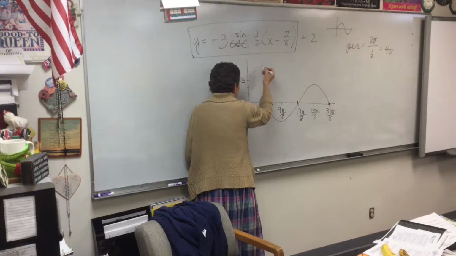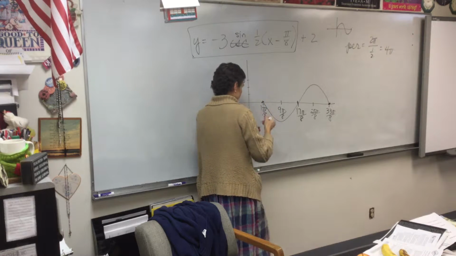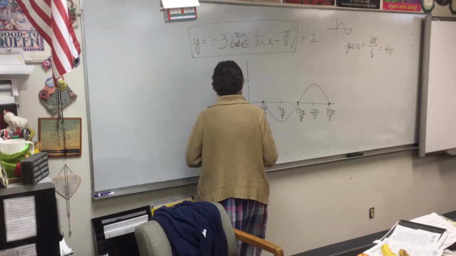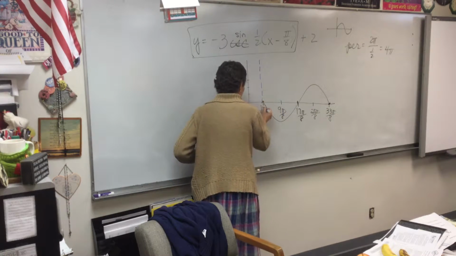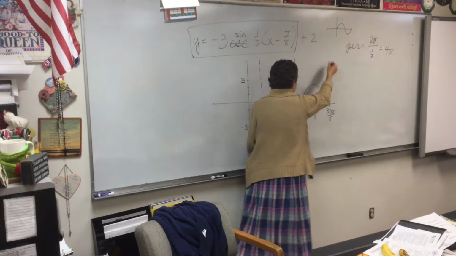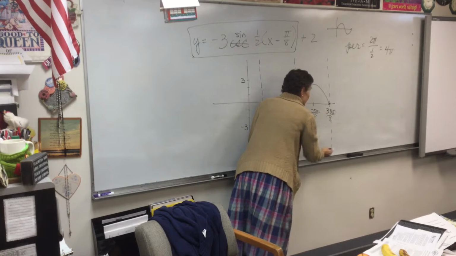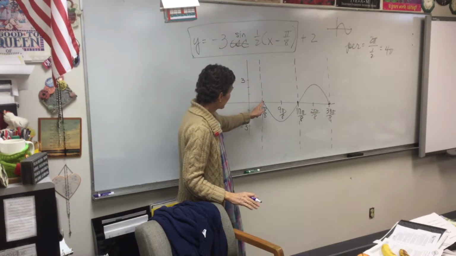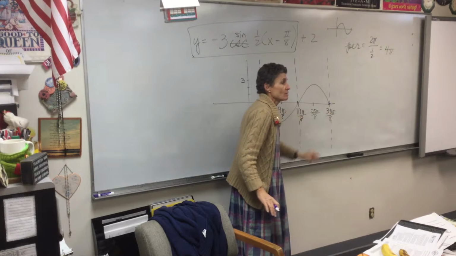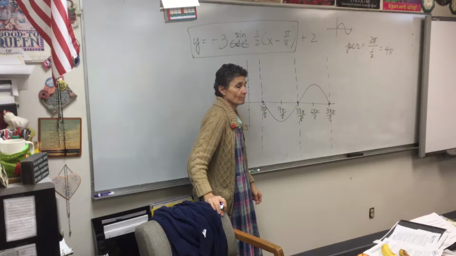Draw an asymptote every time your sine crosses the x-axis. Every time you have a 0, an x-intercept, draw an asymptote.